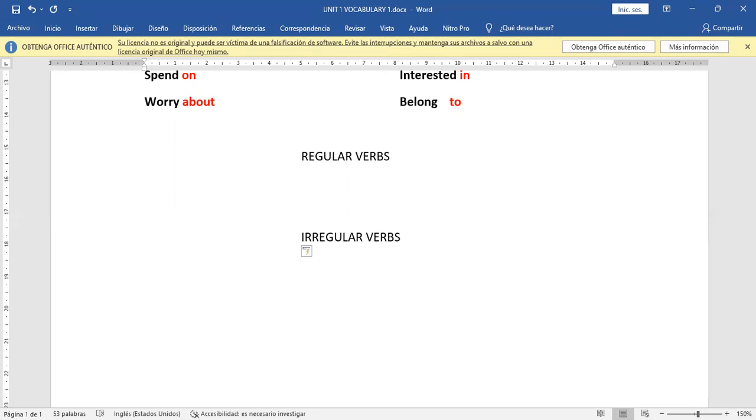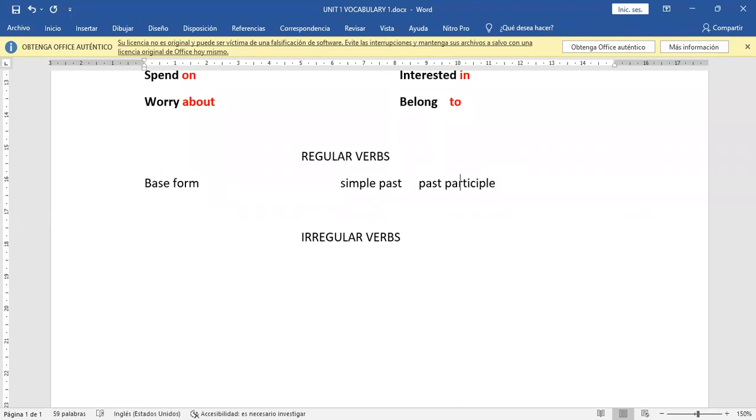Talking about regular verbs, it has its base form, and it has its simple past too, and it has its past participle too.